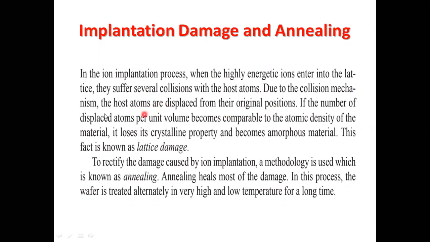If the number of the displaced atoms per unit volume becomes comparable to the atomic density of the material, it loses its crystalline property and thus becomes amorphous material.